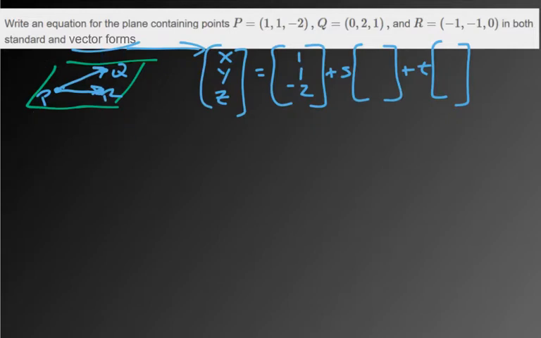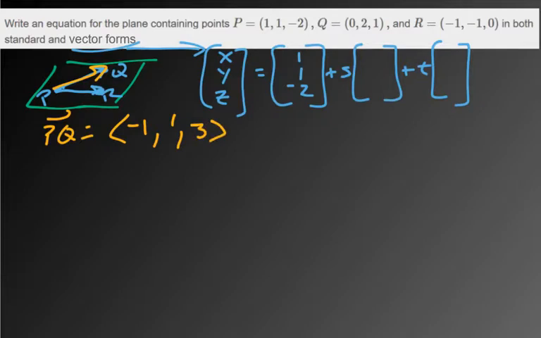So then you just do P to Q and P to R. It doesn't actually matter, per se, which ones you do. So PQ, I'm just going to do Q minus P. If I do Q minus P, I'll get negative 1, 1, and 3.